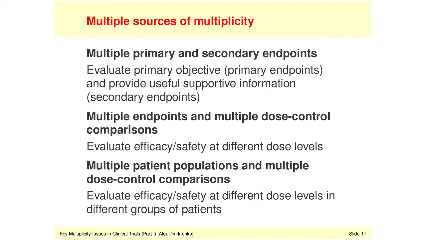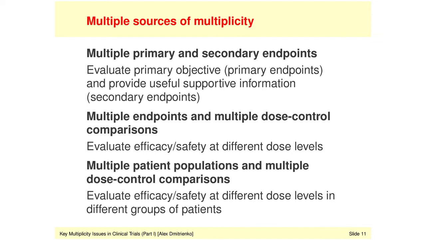And this highlights the fact that there are now two sources of multiplicity in the trial. So efficacy and safety of multiple clinical endpoints, for example, primary and secondary endpoints, may be evaluated at different dose levels. In this case, the endpoints represent one source of multiplicity, and the dose control comparisons for each endpoint represent the second source of multiplicity.